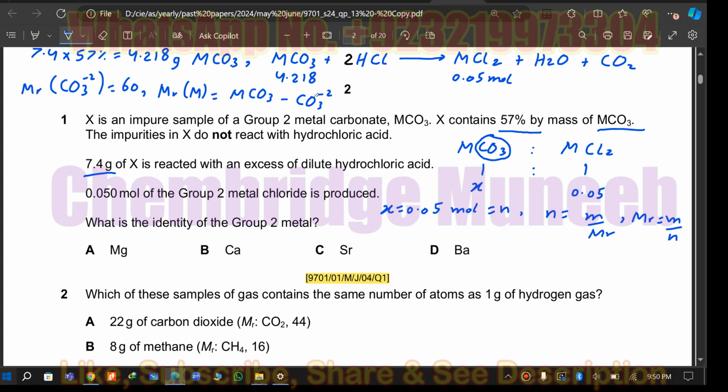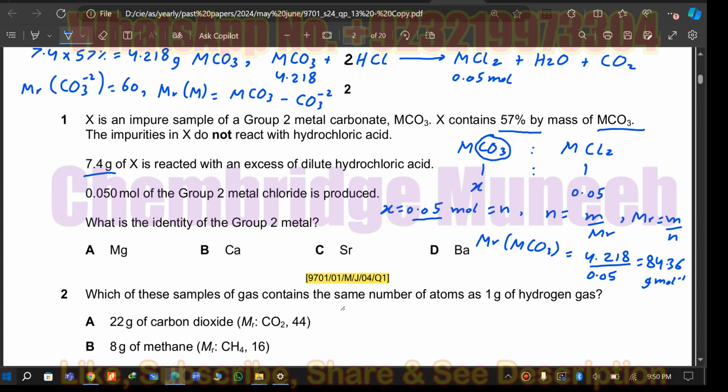We have found the value of the Mr of carbonate ion, but we need to find the Mr value of the compound MCO3. So for this purpose we can use this value of the 0.05. Mr of the MCO3 is equivalent to 4.218 divided by 0.05. Now this will come out to be 84.36 gram per mole.